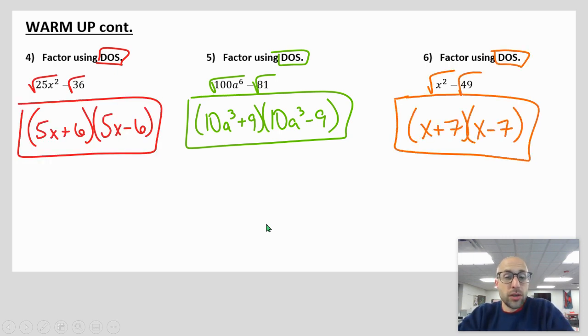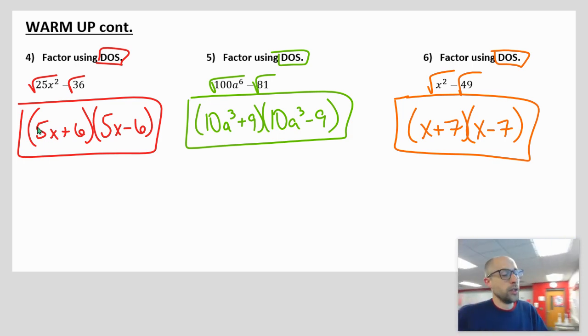Again, just making sure you are splitting up, so think of it as a square root. As you're working these out, if you were to multiply these back together, you should get back to where you started. That would be a way that you could double check your work.